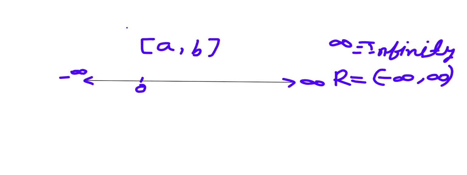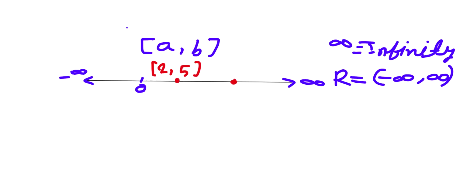Suppose I am taking 2 and 5 only, so the numbers are clear. What we use is a dot at the boundary.